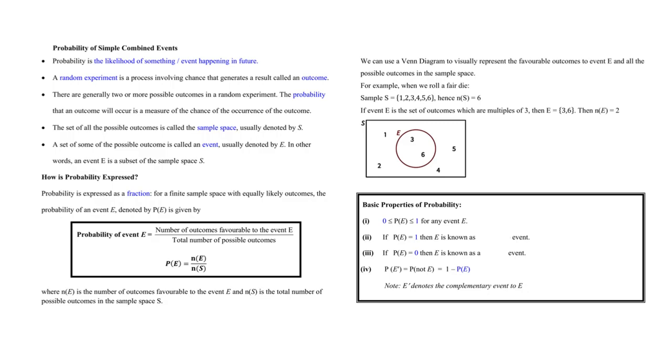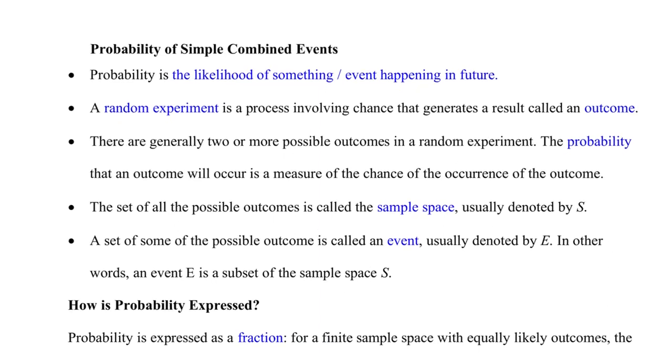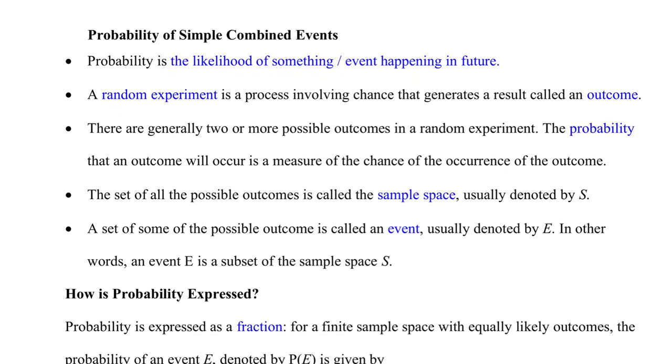So let's zoom in. The probability of simple combined events. Of course, what is probability, right? Probability is the likelihood of something happening, and this something, we usually like to use the word event, that is happening in the future.